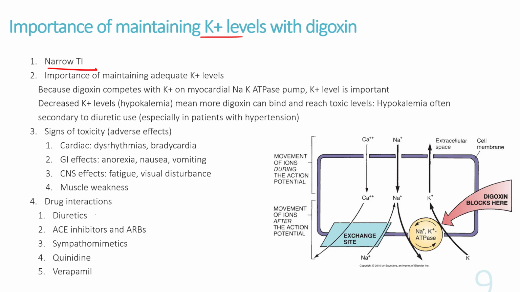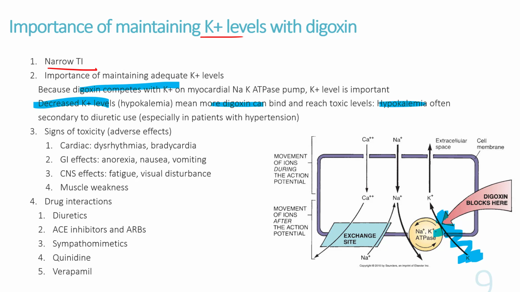So as I said before, digoxin competes with potassium on the sodium-potassium pump, right? And so if you decrease potassium levels, then you increase the amount of digoxin that can bind, and it can actually reach toxic levels, right?